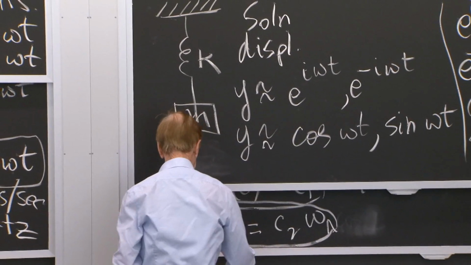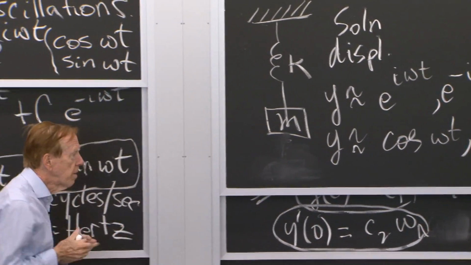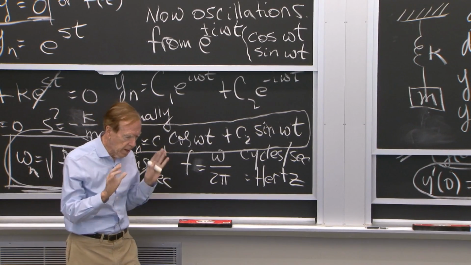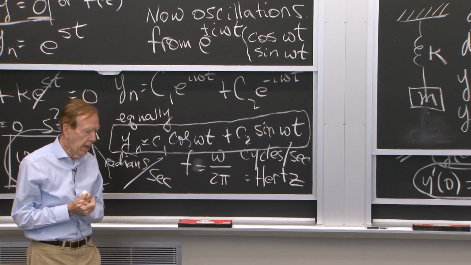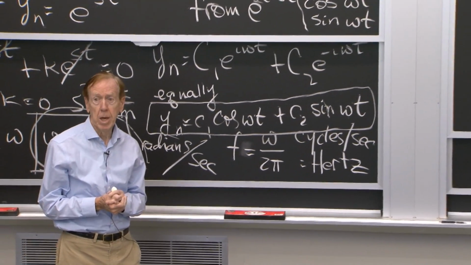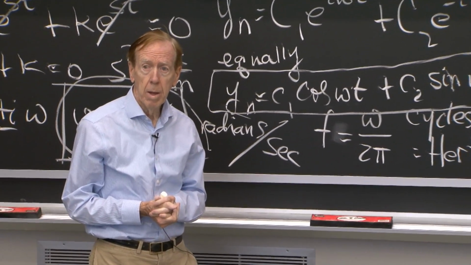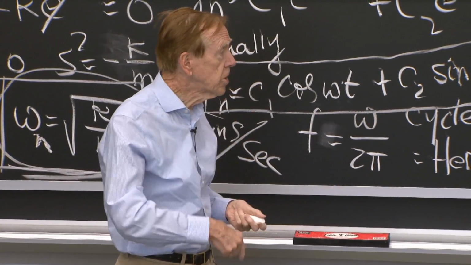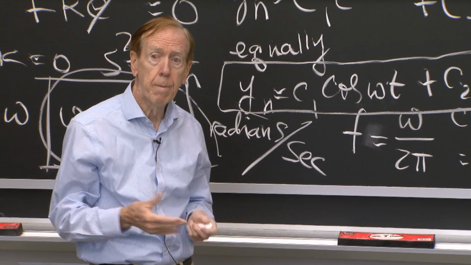All right. So the problem we've solved now is the fundamental basic problem, and the next step is forcing. I now want to add a force that drives the motion.